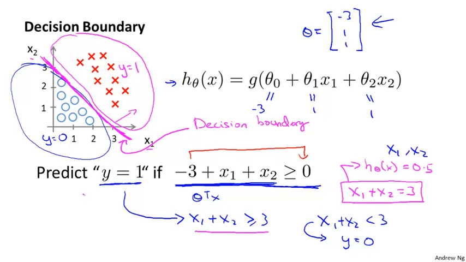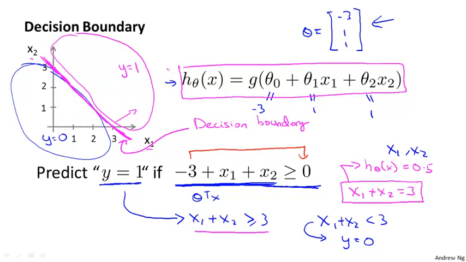And just to be clear, the decision boundary is a property of the hypothesis, including the parameters theta 0, theta 1, theta 2. And in the figure, I drew a training set, a data set, in order to help the visualization. But even if we take away the data set, this decision boundary and the region where we predict y equals 1 versus y equals 0 is a property of the hypothesis and of the parameters of the hypothesis, and not a property of the data set.